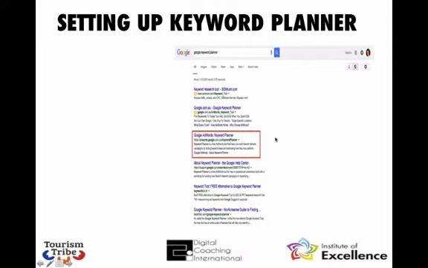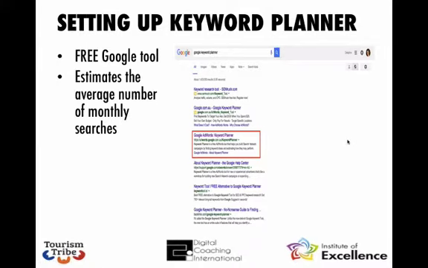So if you just go into Google and search Google Keyword Planner, you'll find this great resource. It's free. It estimates the average number of monthly searches, so you'll get a great report of monthly searches that you can check and use to create your editorial calendar or create content. It is designed for Google Ads.